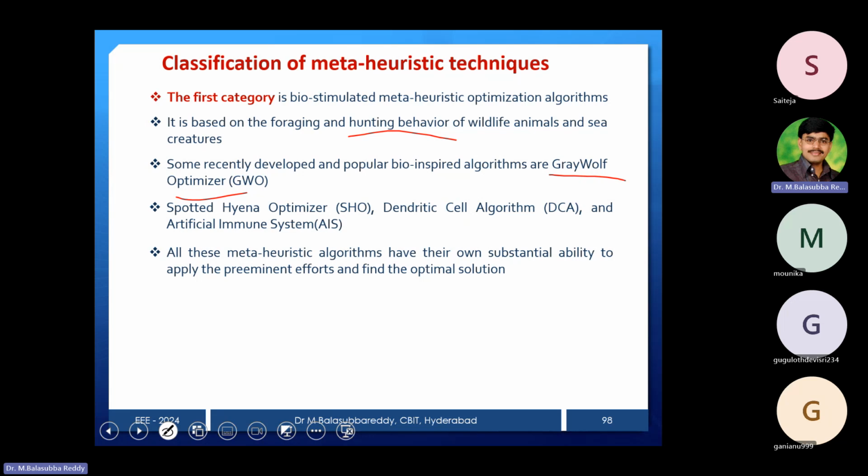All these metaheuristic algorithms have their own substantial ability to apply the effort and find the optimal solution. So they have their own ability, but it depends on the algorithm, and the performance may not be the same. You can apply spotted hyena to one problem, and if you apply DCA or artificial immune system to the same problem, the results may not be the same, because with these heuristic algorithms the results continuously vary.